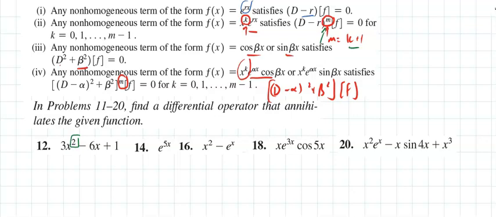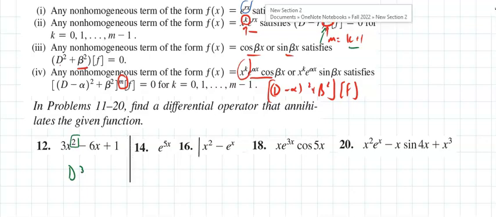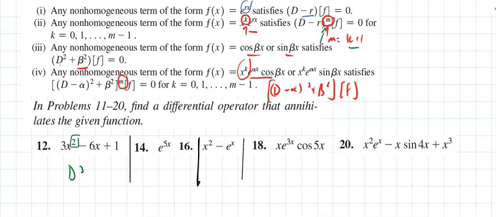So here it says, find a differential operator that annihilates the given function. Well, fairly simple. If it's a quadratic, apply the third derivative. That'll take care of business. And if it's an exponential, take d minus 5 operating on e to the 5x.